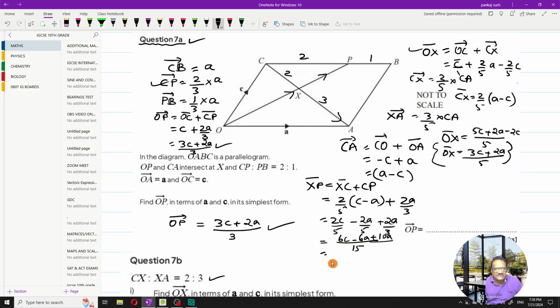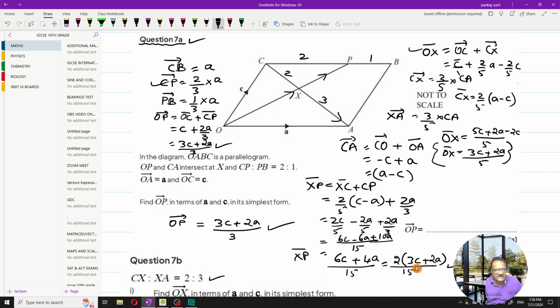Now minus 6A plus 10A happens to be plus 4A, and whole upon 15. Now this is what I get as XP. Now if you want, I can reduce it: I'll take 2 common out and I can write 3C plus 2A upon 15.